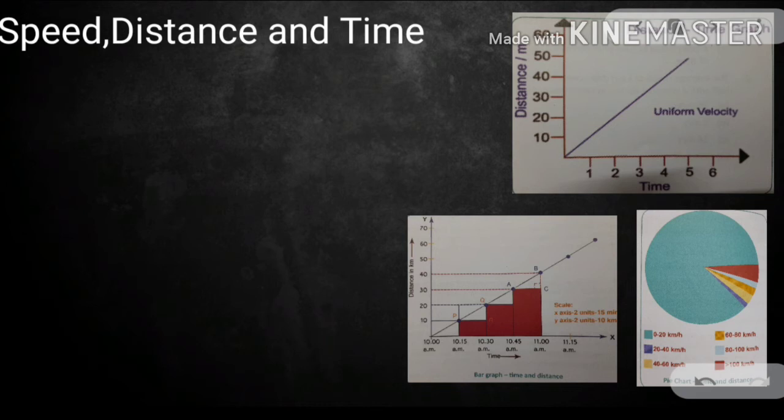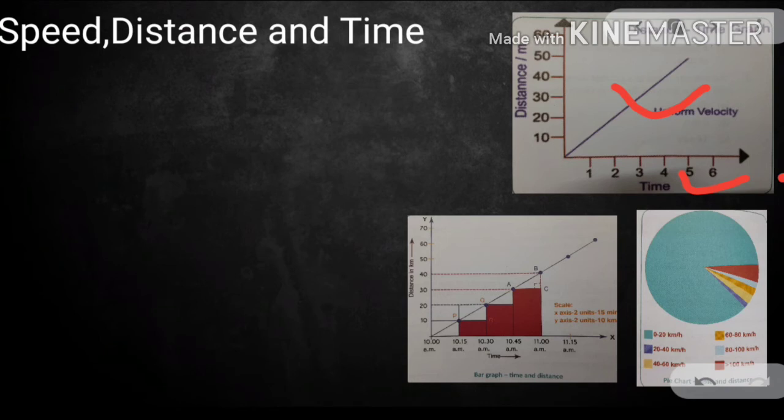Now let's understand what this is. The distance-time graph for the motion of an object moving with a constant speed. That's why you can see the line is straight. Time always runs horizontally along the x-axis, and this arrow shows the direction of time.